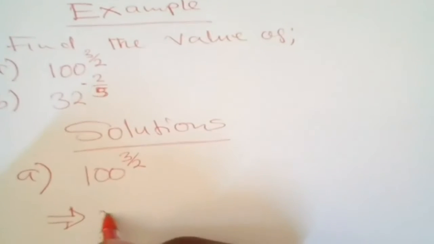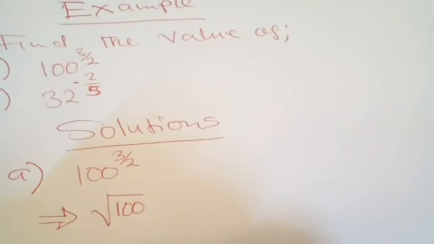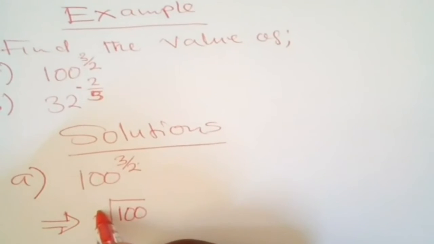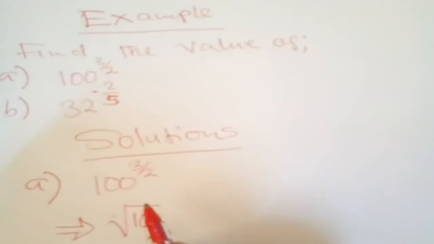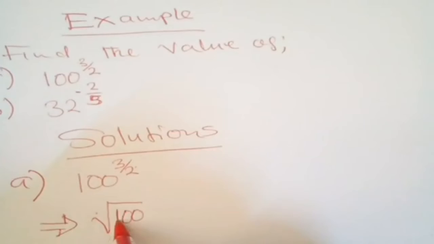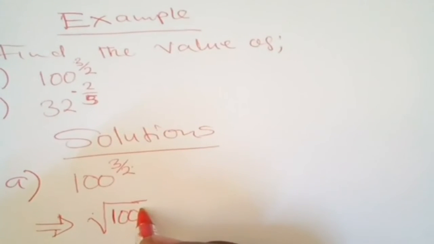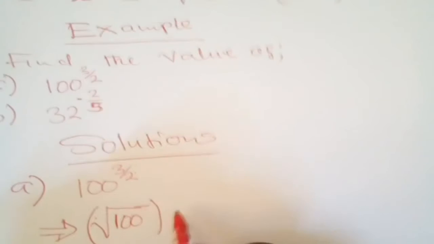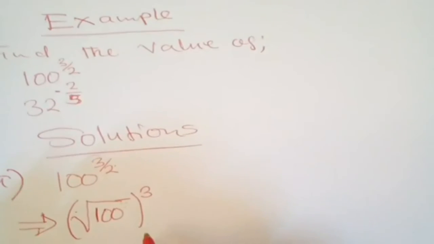So you are going to have 100 here. If you want, you can write a 2 in here, but it's not necessary because we know that a 2 always symbolizes the square root. So we are going to say the square root of 100 in brackets, to the power 3.